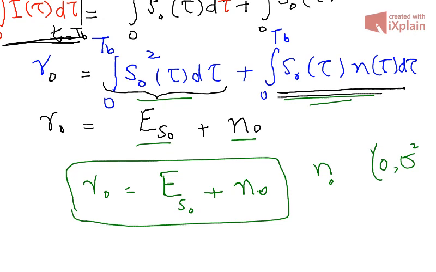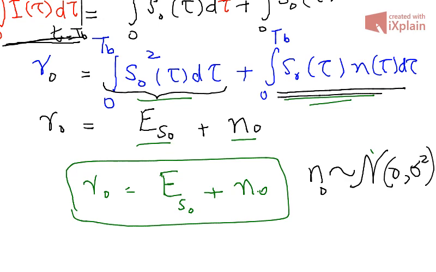So let me rewrite it. This N naught is normal or Gaussian with mean 0 and variance sigma square. So this is the notation to represent this Gaussian noise term N naught.